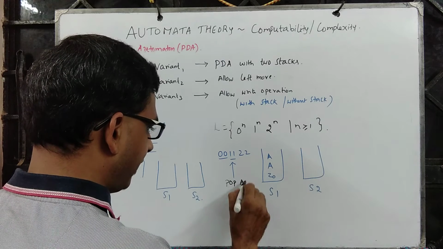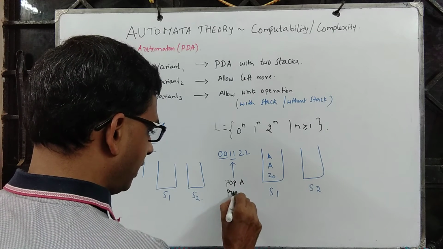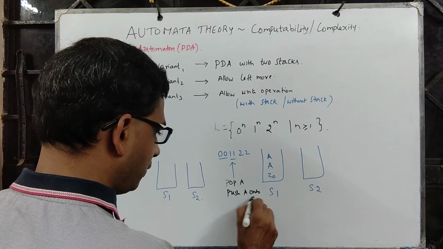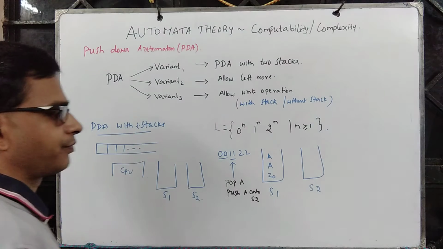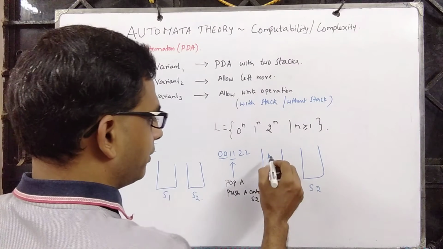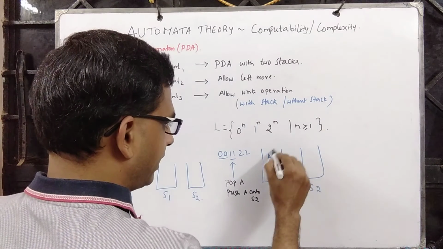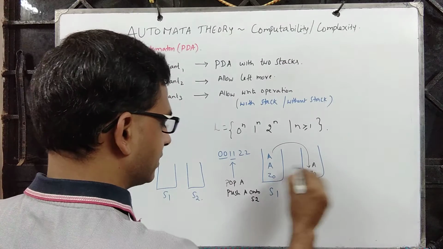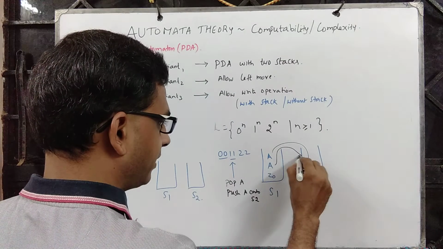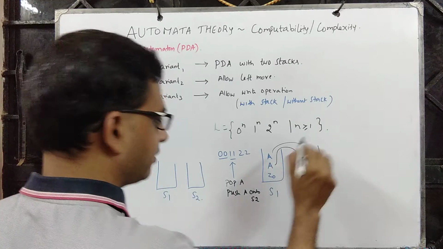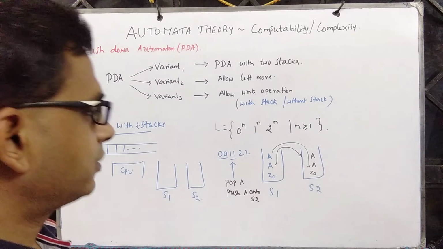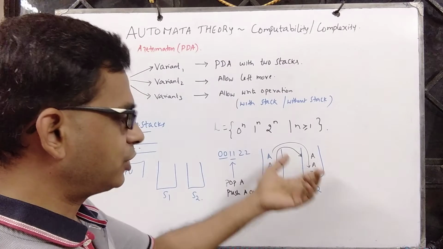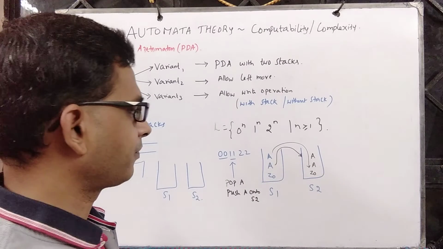So pop A and push A onto S2. You pop this and place it inside. Okay, it becomes like this. Then you pop this and place it inside. Okay, so because you have an additional stack, you can pop and store it over here.